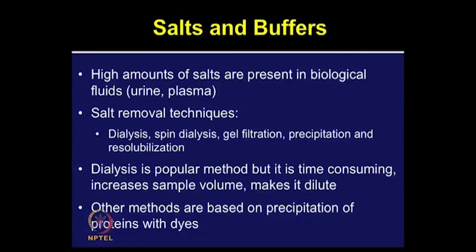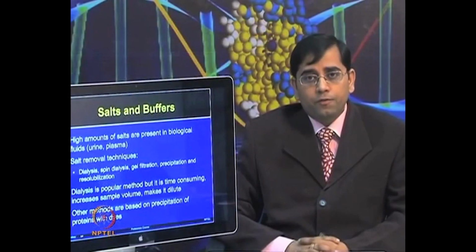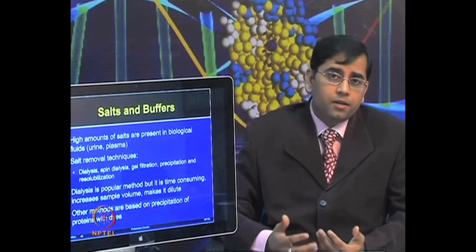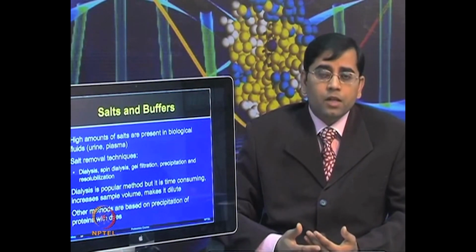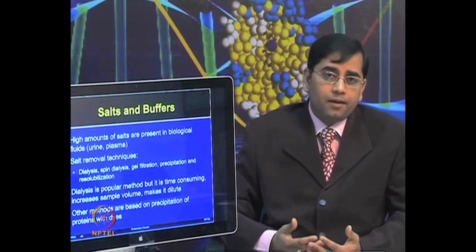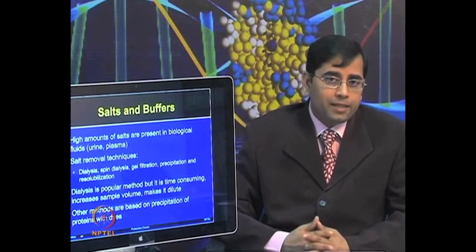For example, biological fluids such as urine, plasma or serum are already very rich in salt content. Similarly, there are different types of plant cells which are quite rich in salt contents. So, if you want to remove this salt, you have to follow different salt removal methods.